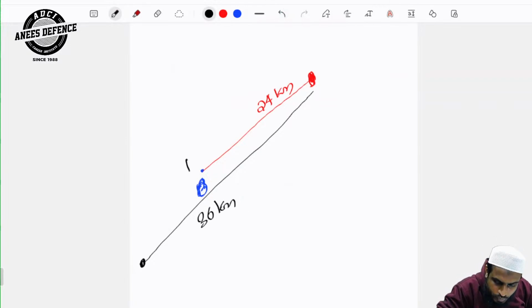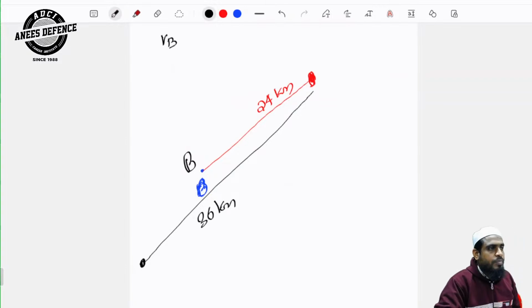So the boat is moving from here to here, 24 kilometer. What will be the velocity? We have to find the velocity of the water flow. If the velocity of the boat is VB and the velocity of water is VW, in upstream we have to subtract.